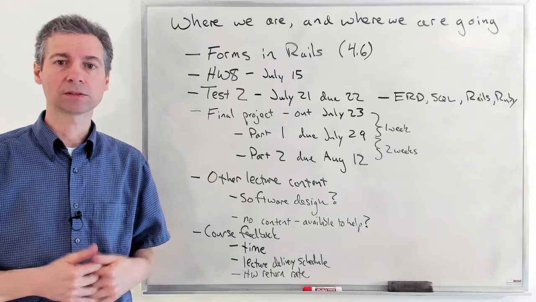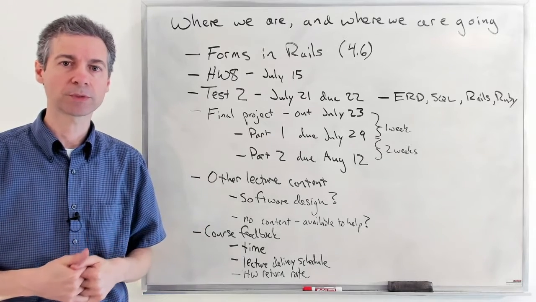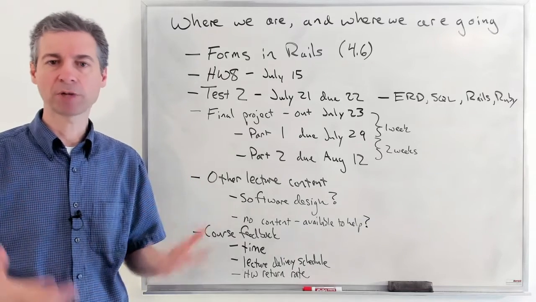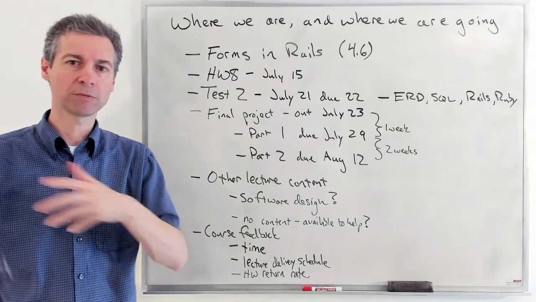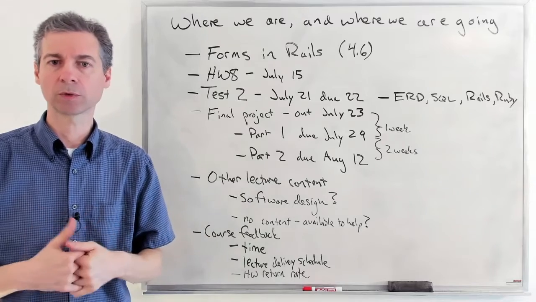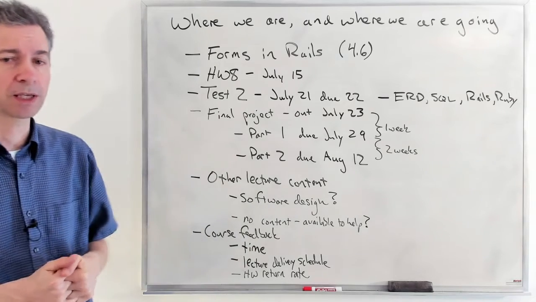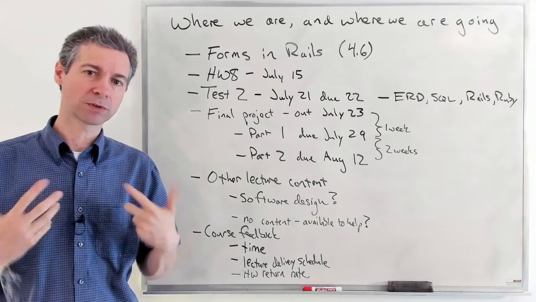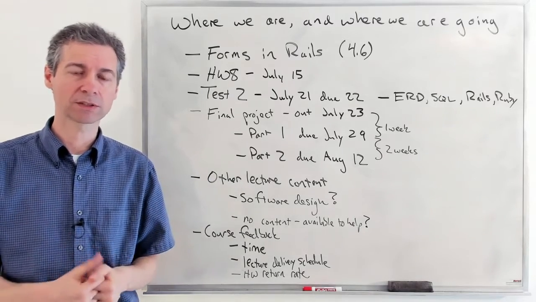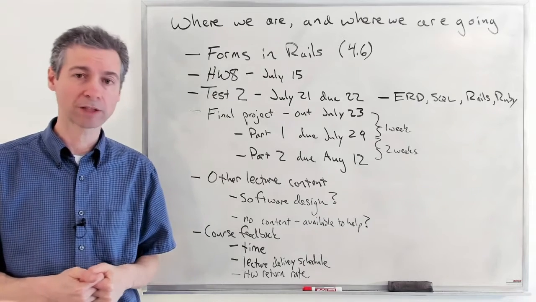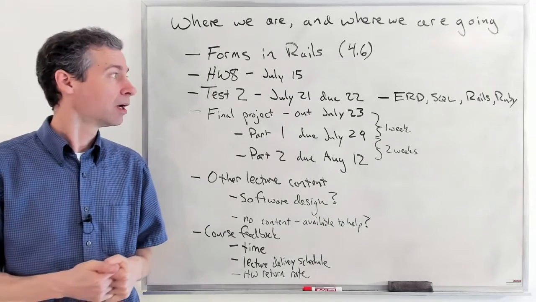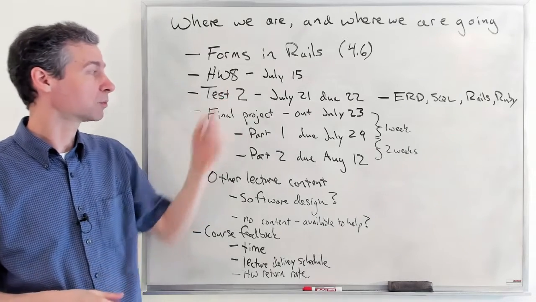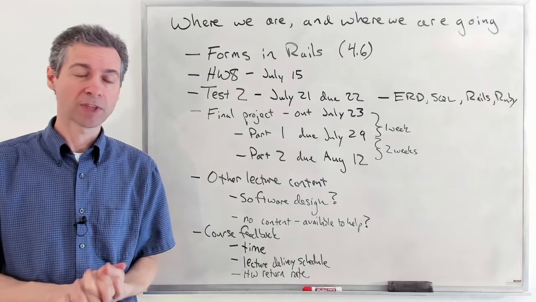Also, not all of our TAs are super experienced, and they're still learning how to be TAs. I'm trying my best to help them. Lexa is working with them. Lexa is a very experienced TA. So we're trying our best to help everyone manage this course and do a good job. And I apologize sincerely for the delay in getting homework back to you. I know how upsetting that is to you. Again, hopefully we'll get even more of it back in time before test 2.